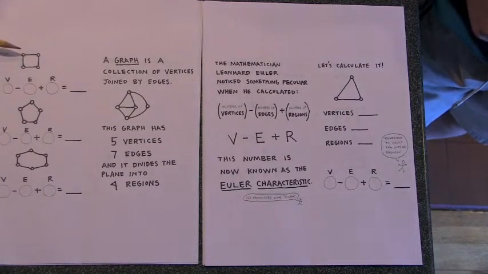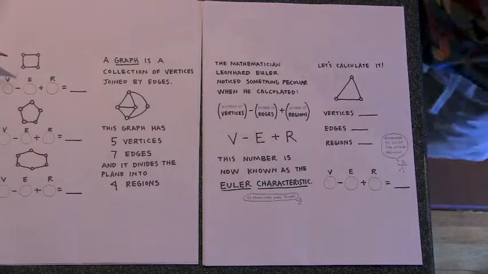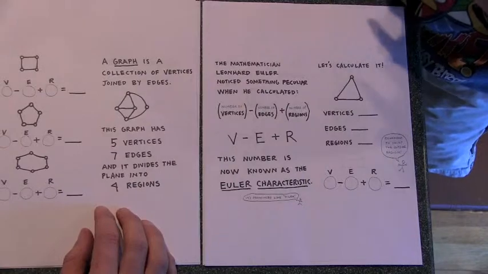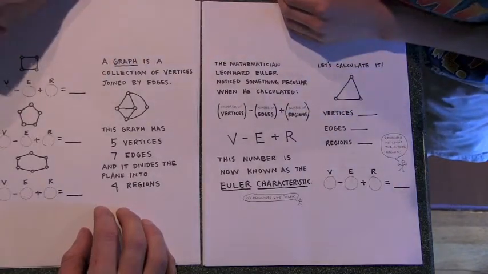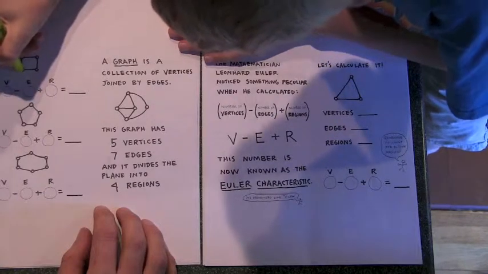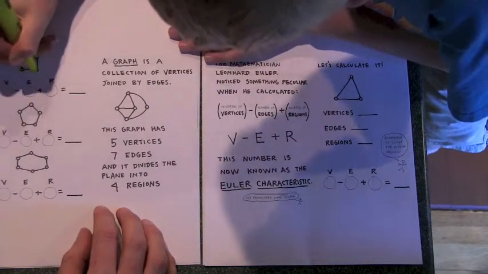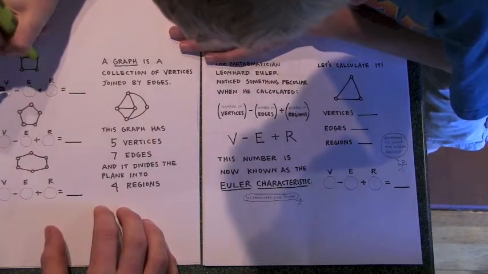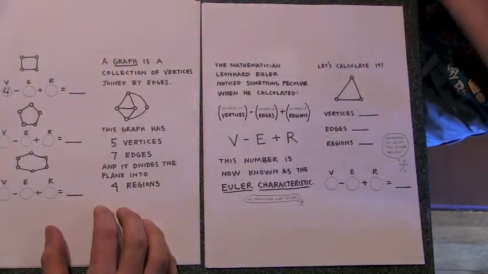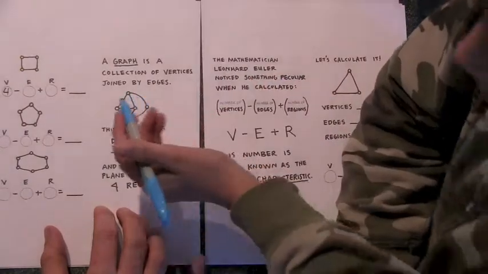For this shape, you want to color in the vertices? The corners are the vertices. How many are there? There are 4 of them. How many edges are there? There are 4 edges.